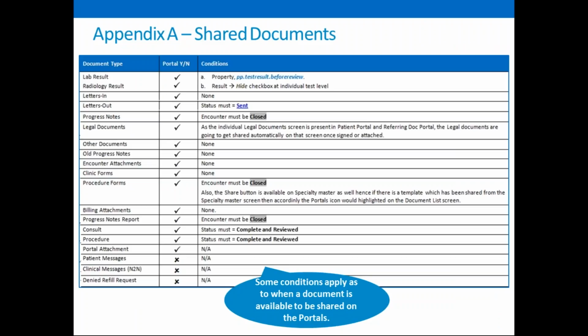And lab results, if you have it marked to where they can only be shared when the doctor's reviewed them, if the doctor hasn't reviewed them yet, it will not be applicable for sharing until the doctor has reviewed them. Or if the doctor has marked it as hide during his review, it will be said not applicable for sharing. So there are conditions associated with whether or not you'll be able to share it.